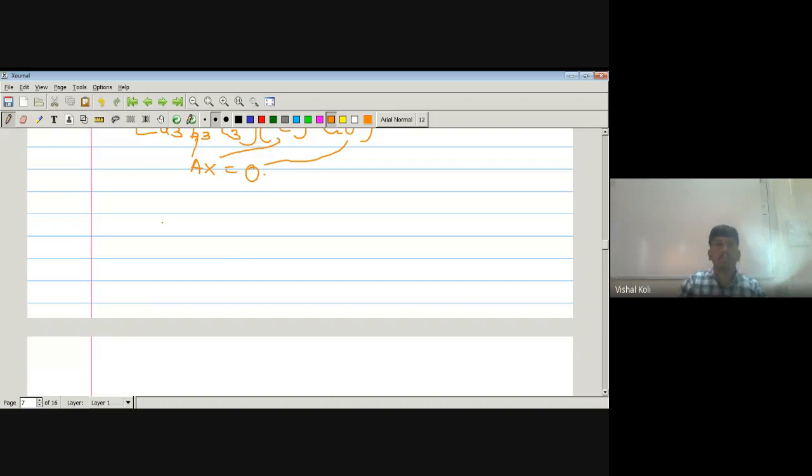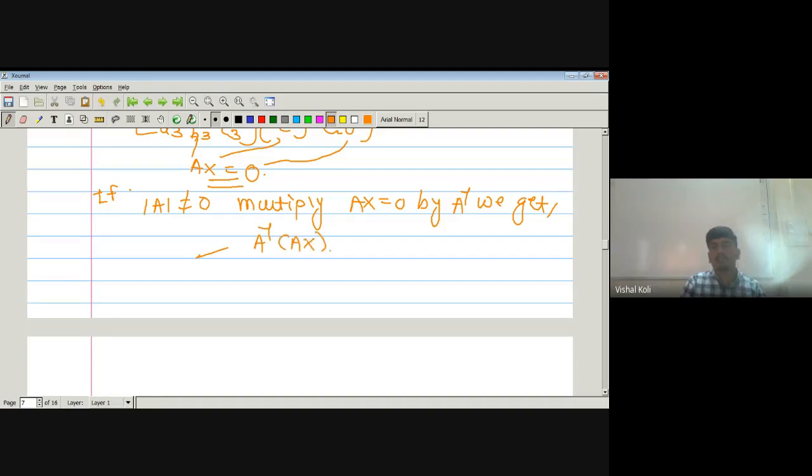Now, suppose A is a non-singular matrix, that is, determinant of A is not equal to 0. Then pre-multiply the equation AX equal to 0 by A inverse. We get A inverse into AX is equal to A inverse into the 0 matrix.